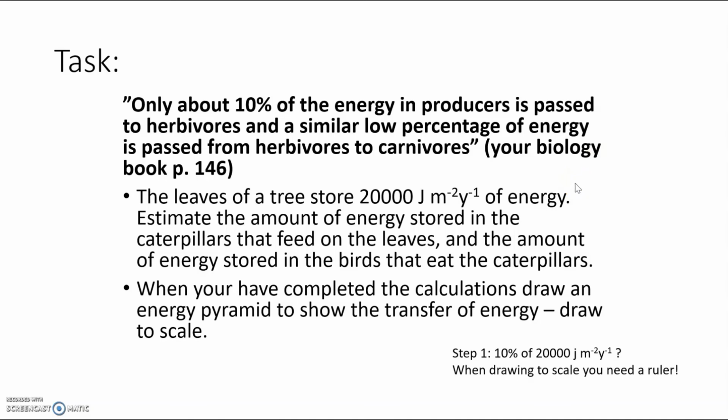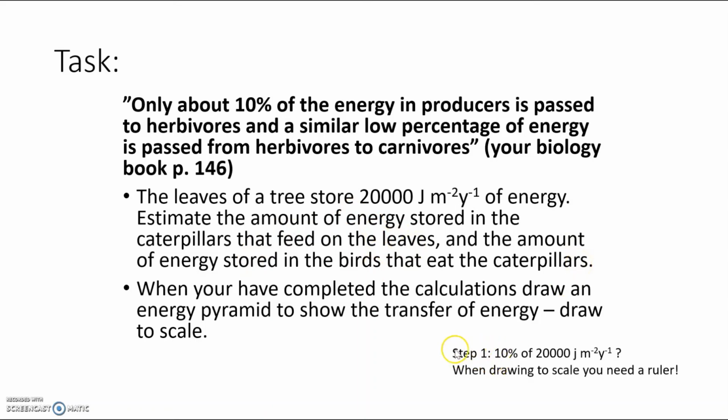So let's say that the leaves of a tree store 20,000 joules per meter squared per year of energy. So what you should do here is estimate the amount of energy stored in the caterpillars that feed on the leaves, and then the amount of energy stored in the birds that eat the caterpillars.